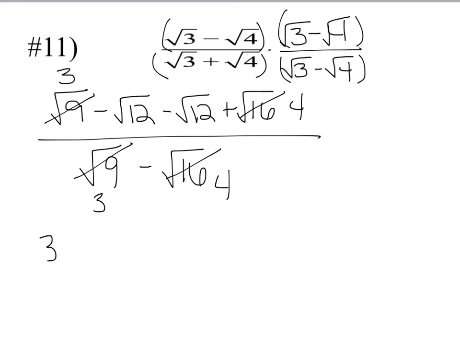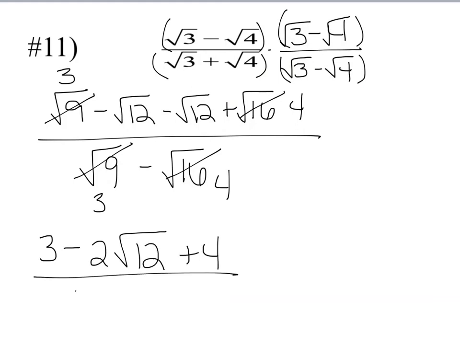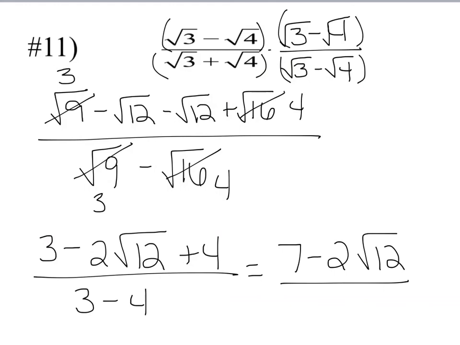So we've got 3 minus, and here the square root of 12, negative square root of 12 minus square root of 12 is negative 2 square root of 12 plus 4 over 3 minus 4.